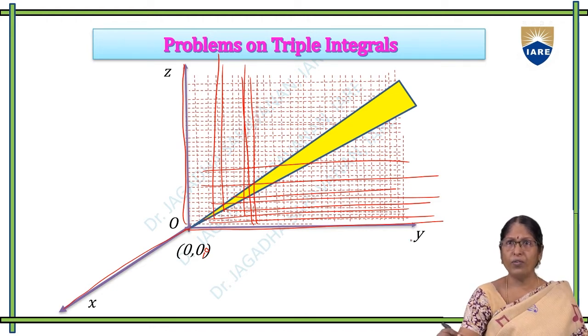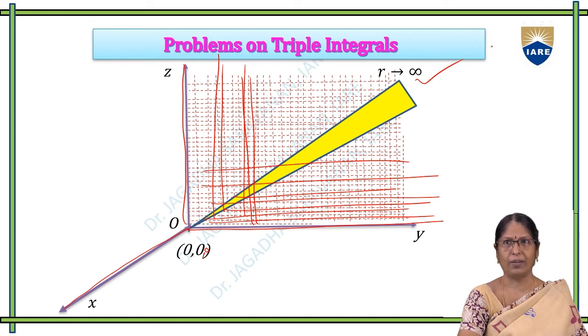According to how long y, z and x extend, r will be the same. That's why r tends to infinity.